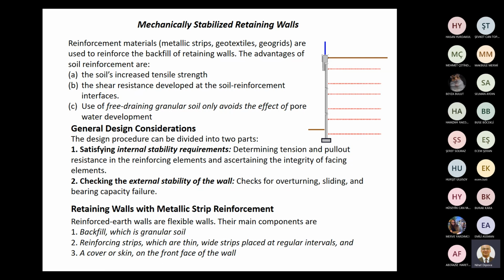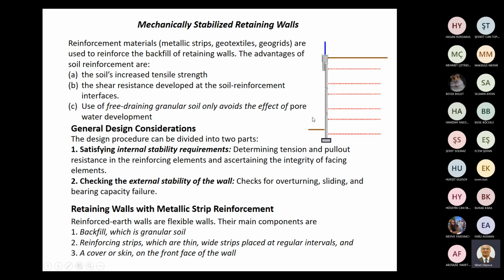These reinforcement materials are used to reinforce the backfill of the retaining walls. The backfill is granular soil. Gravel, sandy gravel. But it should be granular, not clay, not fine-grained soil. It should be coarse-grained and gravel-dominated, well-graded gravel.